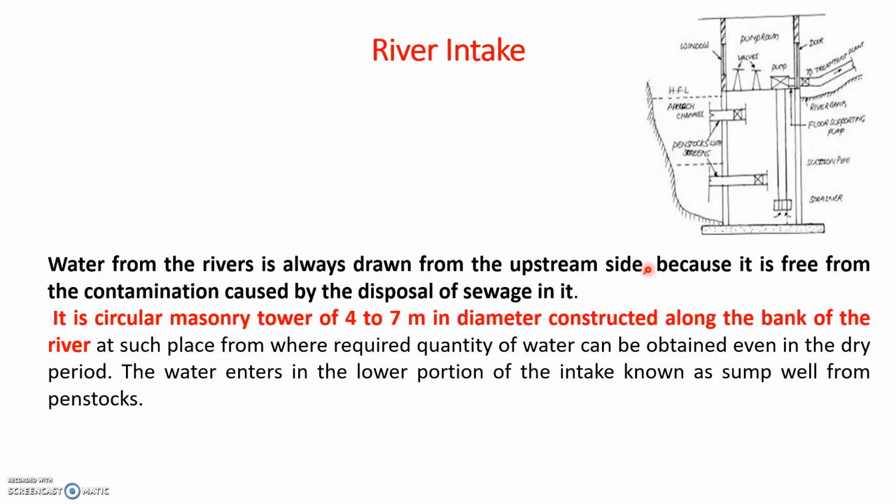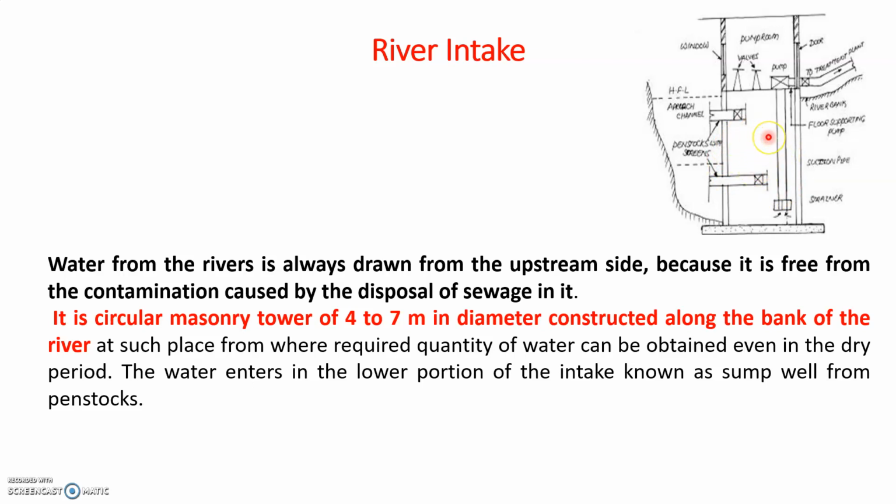Okay, and RCC concrete or masonry structures also. You should locate that intake structure in such a way that even in a dry season or dry period, you can satisfy your required quantity of water. And you can see in this intake structure, these are nothing but penstocks. This is a well, called a sump well, or in some cases a jack well itself.